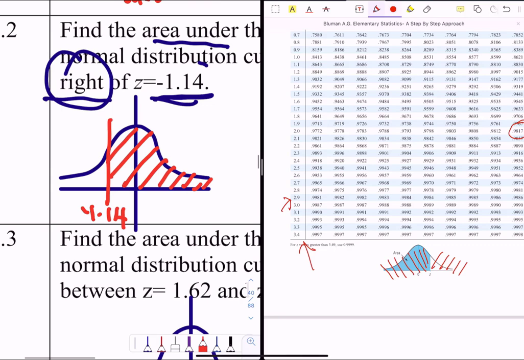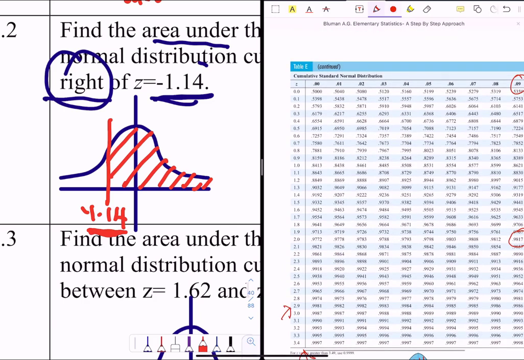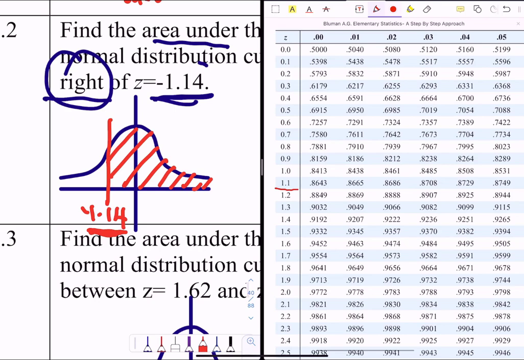When I do for this one, negatif 1.14, saya pergi kepada 1.14. Here we have 0.8729.